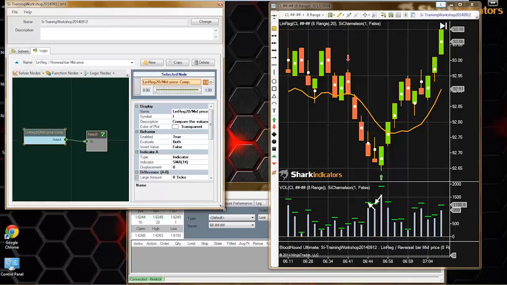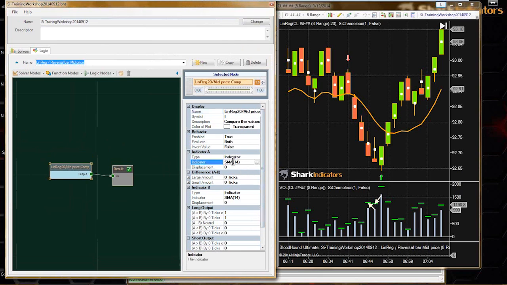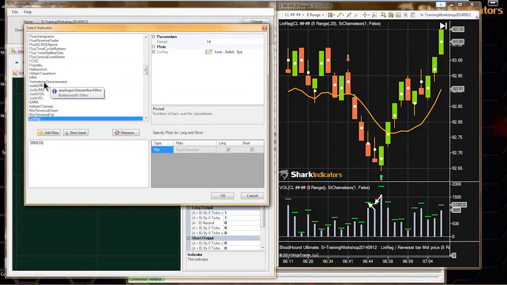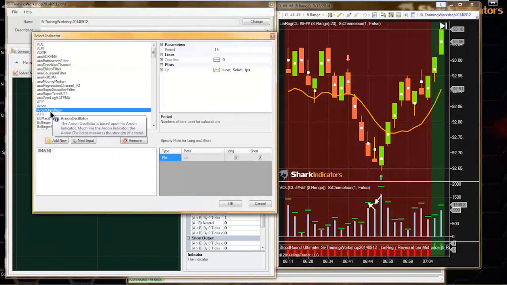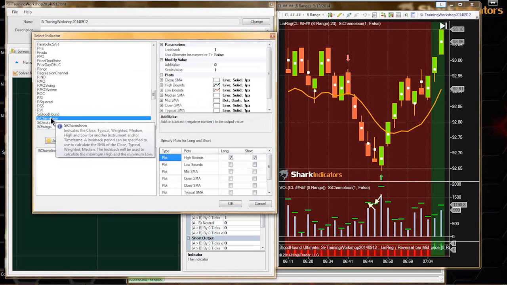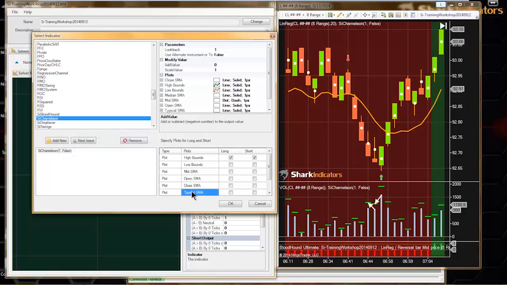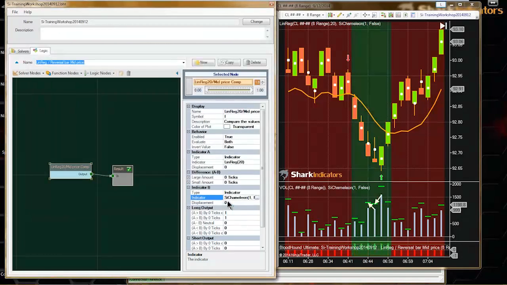So let's finish setting up this comparison solver. We're comparing the linear regression, so let's set this up to our linear regression, and we want the 20 period. And we're comparing it to the midpoint price. So we want to set indicator B to the midpoint price, and we're going to use chameleon to get that. So there's our mid price right there.